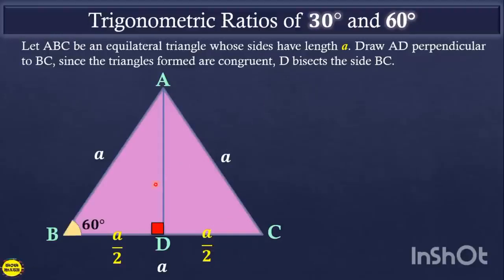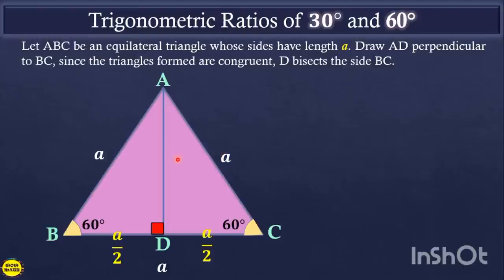Kapag meron po tayong two congruent triangles, ibig sabihin 60 degrees ito, 60 degrees din po ito. Bakit natin nasabing 60 degrees po ito pareho? Ma'am, bakit po pare-pareho silang angle A, angle C and angle B are all 60 degrees? Kasi po, this is an equilateral triangle.